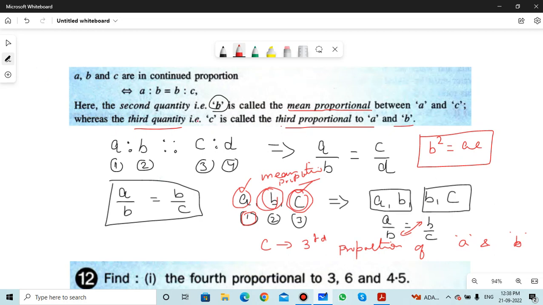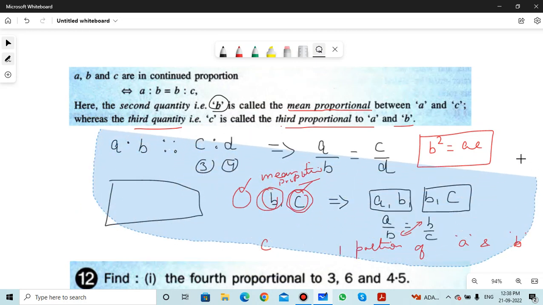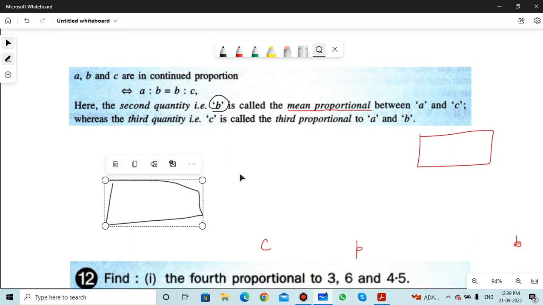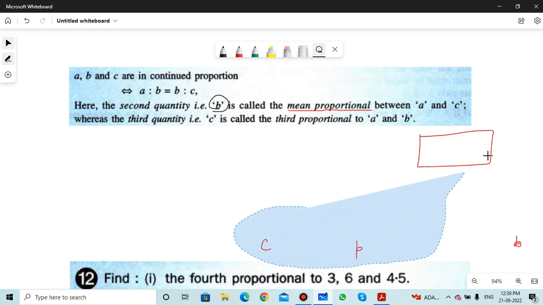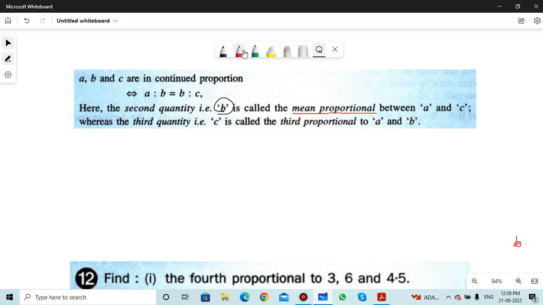So, understood the point here? Just to revise, continued proportion will always have three terms, A, B, and C. You can rewrite it as A is to B proportional to B is to C. So basically I'm writing A, B, and B, C. It will make your job easier.